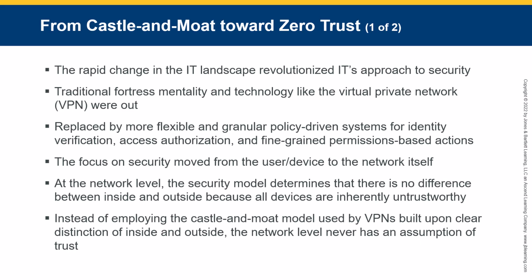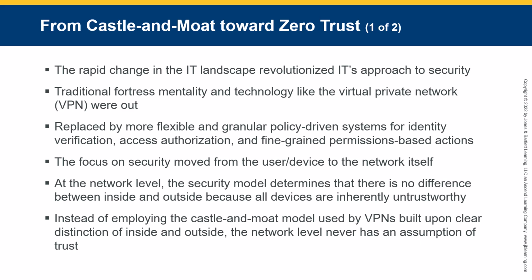At the network level, the security model will determine that there is no difference between an inside and outside because all the devices are, or should be, considered untrustworthy. Because a user bringing a laptop in could be the same as a workstation on the network. Are they trusted? Should they be trusted? How should the network handle that?